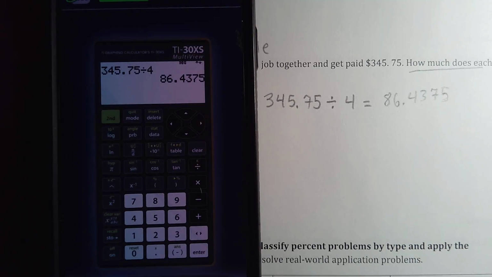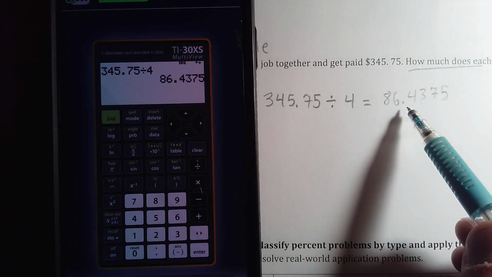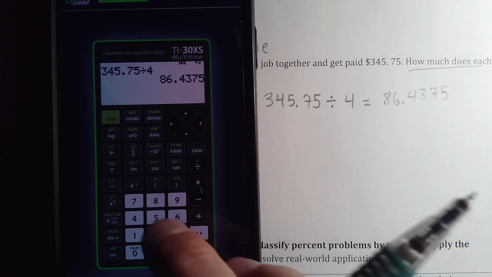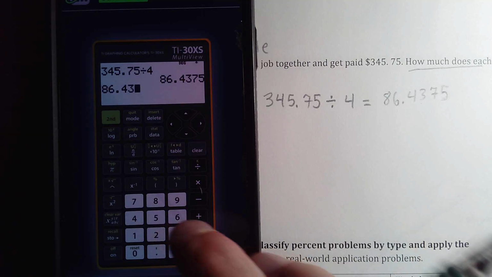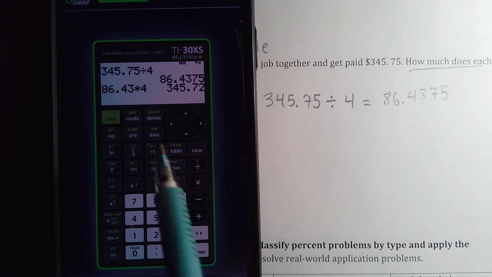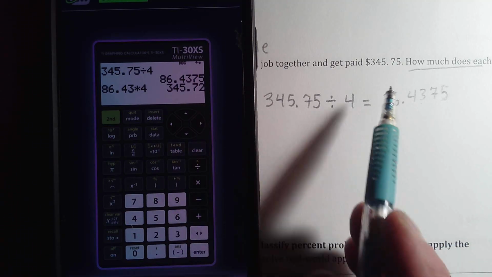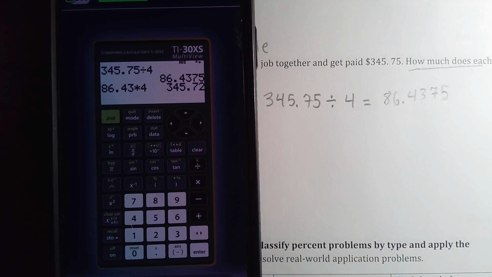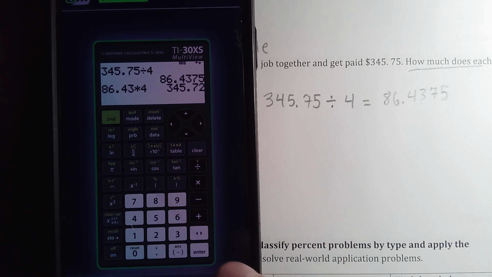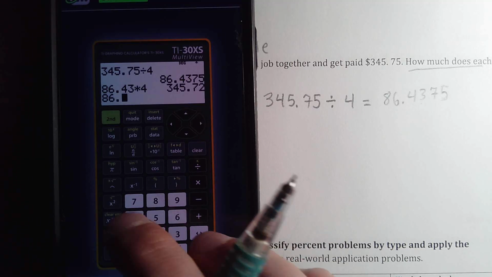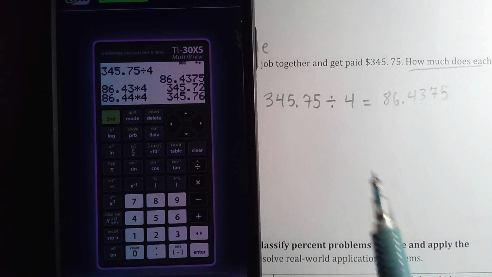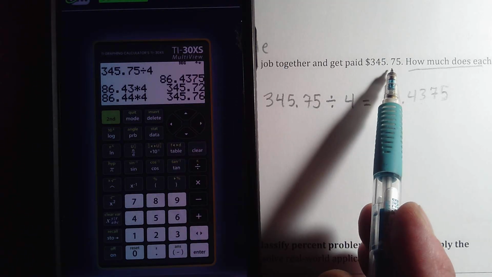So the problem is if we do 86.43 each, let's go ahead and try that out on the calculator. 86.43 times 4 is going to be $345.72, but we have 75 cents. That means there's 3 cents left over. And you can't really divide that 3 cents among 4 people. And if you tried 86.44, if you rounded that answer up, you're going to find that's $345.76.